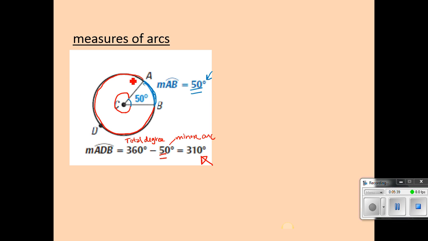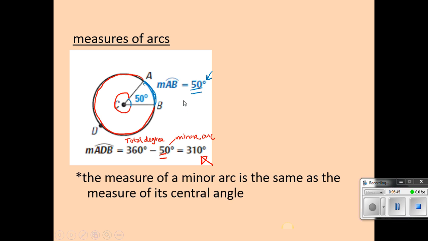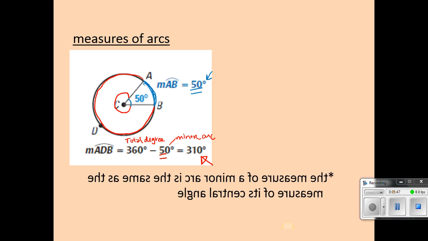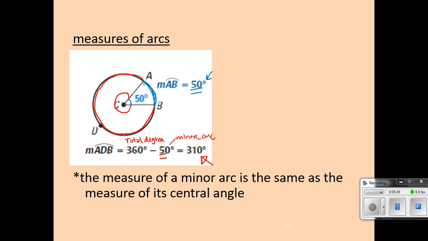These two arcs together should add up to be 360. The measure of a minor arc is the same as the measure of its central angle. And that would be the case for a major arc as well.